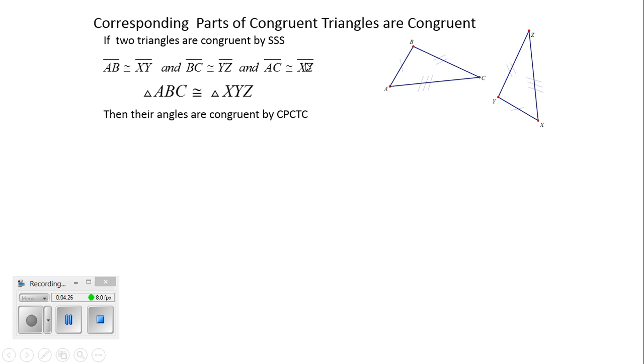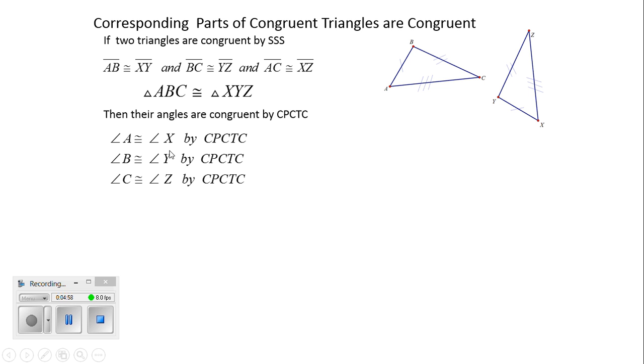So once the triangles have been shown congruent, we can show that all the remaining parts of the triangles are congruent if we're asked, and the reason is corresponding parts of congruent triangles are congruent, okay? So even though we only used the sides here to show the triangles congruent, we concluded that the triangles were congruent, which meant that not only were the sides equal, but the angles are equal as well.